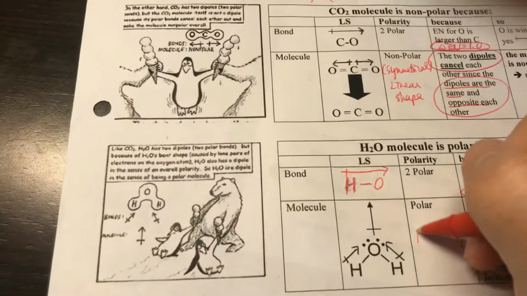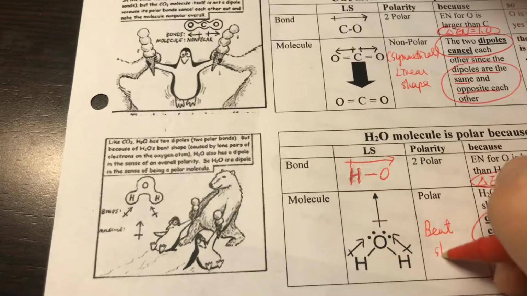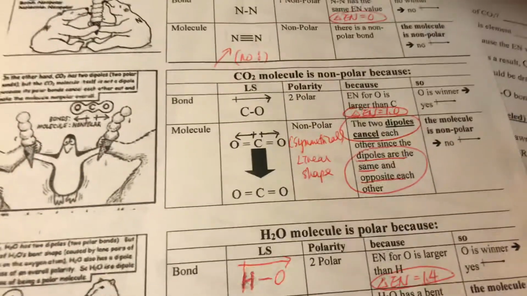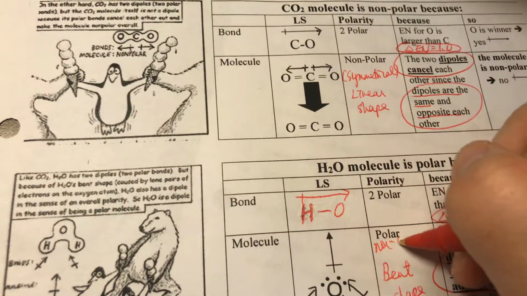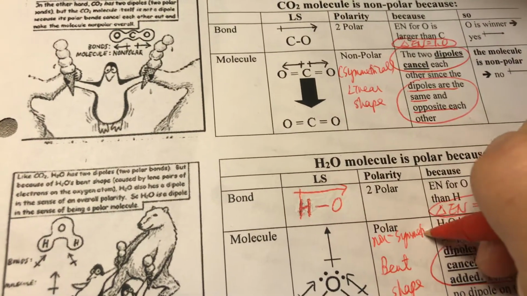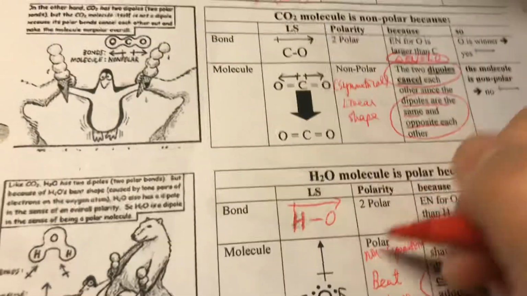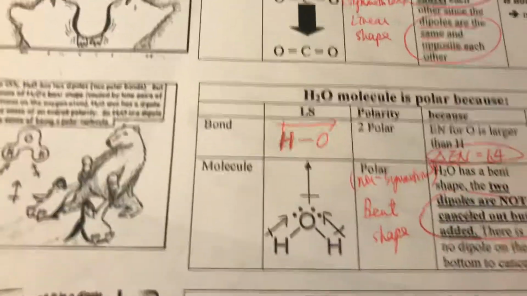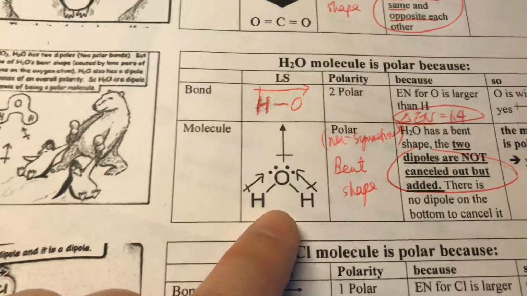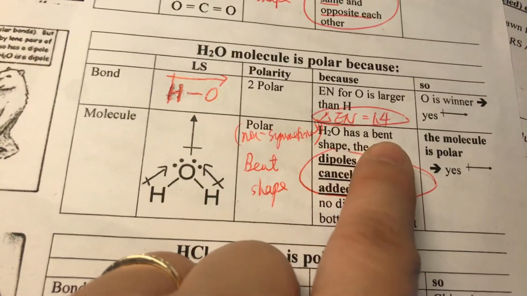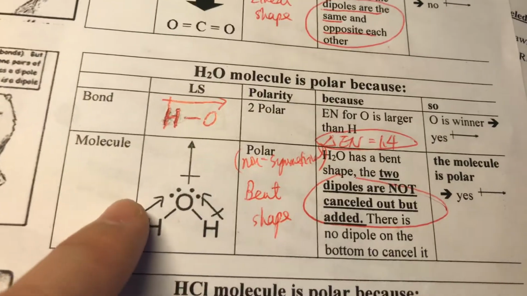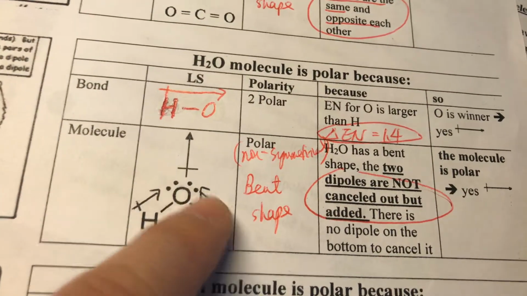But if you look at this shape, do you notice that it is actually a bent shape? This bent shape is non-symmetrical. It is kind of like a V shape. So you can tell one dipole goes in this direction, one dipole goes in this direction.